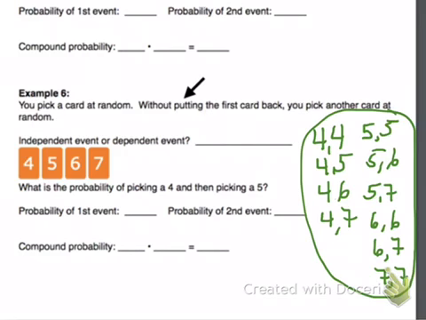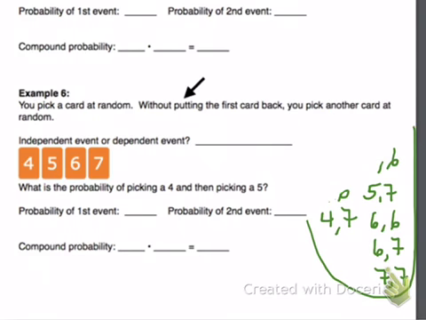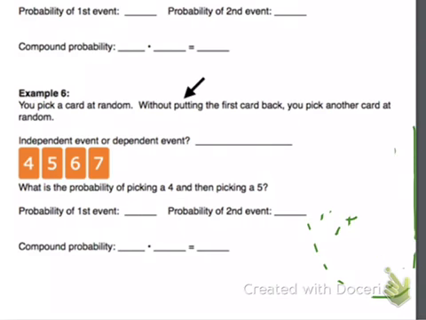And the other thing I want you to be aware of is, let's take a look at our compound event again, where it says, what's the probability of picking a 4 and then picking a 5? Remember, if you don't pick a 4 the first time, you can't then try to pick the 5.